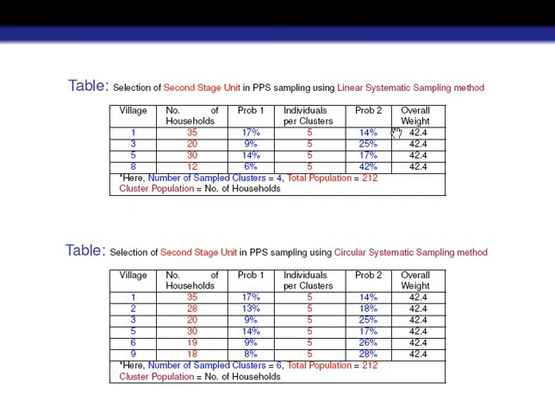You can simply see from the table that here also the overall weights for each of the selected cluster are the same. That means whatever weights are assigned to the individuals, they are going to be the same for each of the individuals, either we use simple random sampling technique or we use systematic sampling technique to draw cluster from the population to our first stage unit.